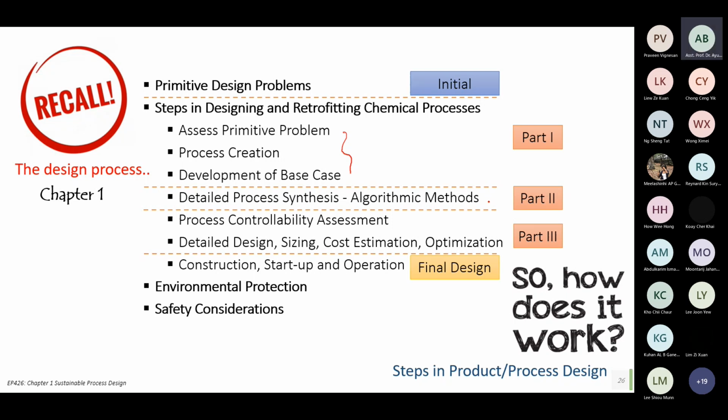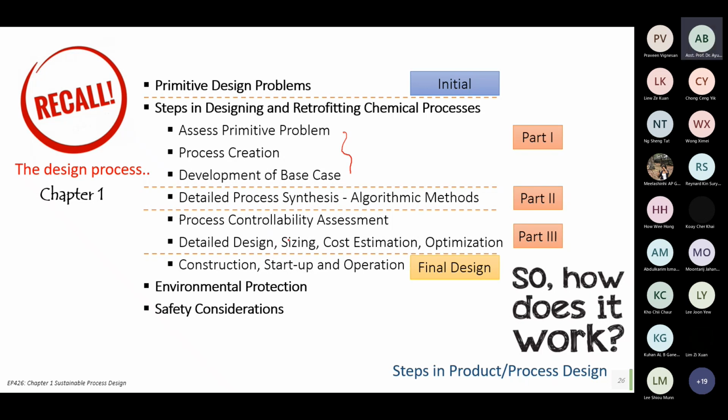What equipment to use, what chemical to use. Okay, then the process controllability assessment. What instrumentation do you need to install? What do you need to control? Okay, for example, for a reactor, do you need to control pressure, temperature?